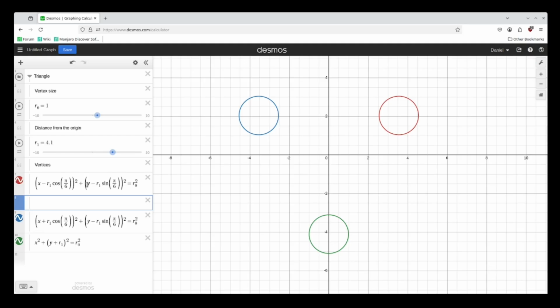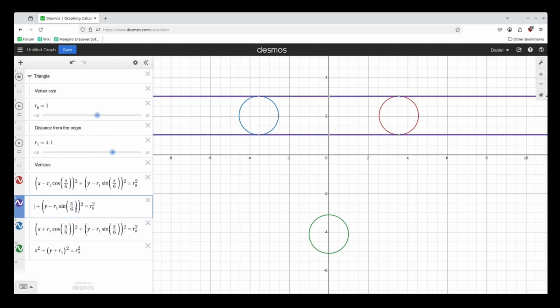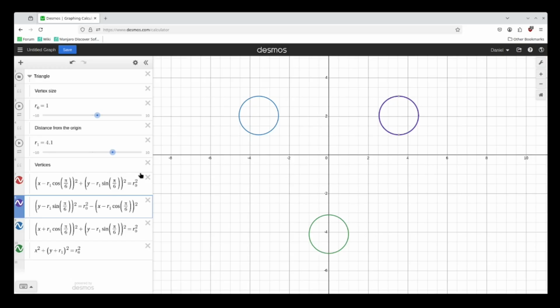So to do that, let's copy this equation, subtract this whole x term over, take the square root of both sides. I'm just going to cut this.